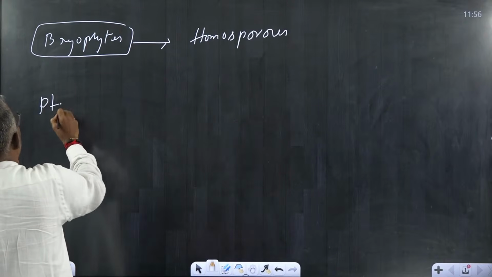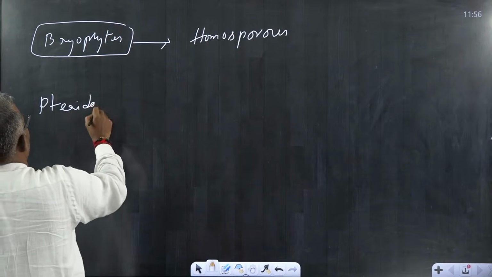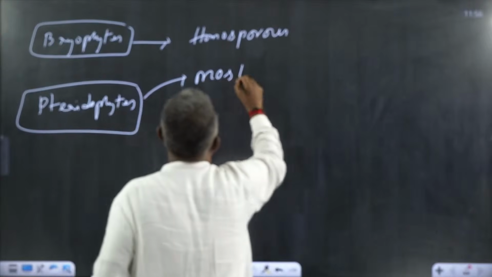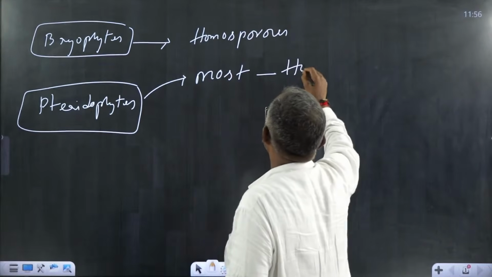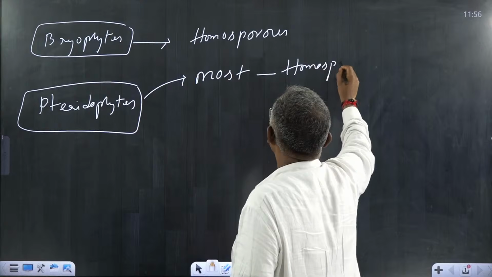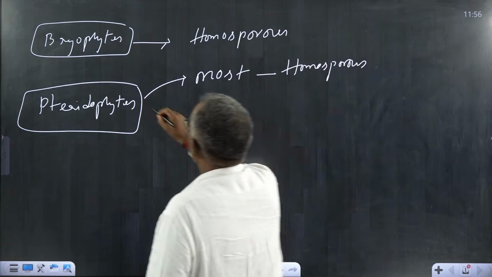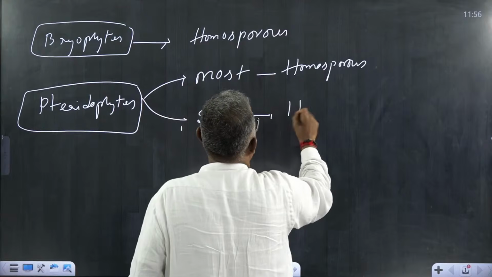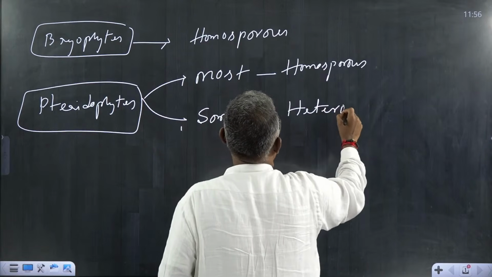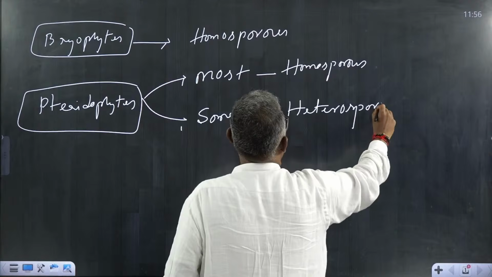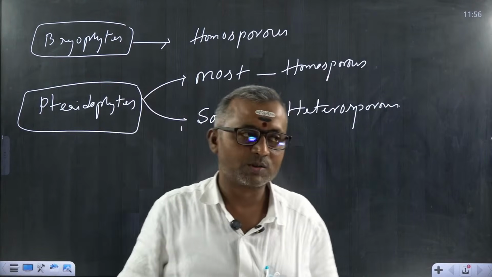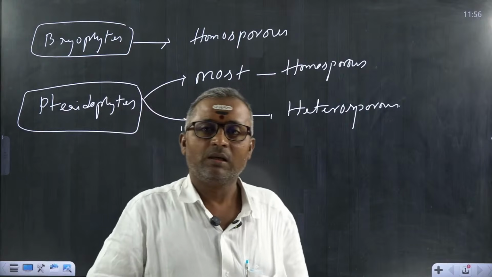Whereas in pteridophytes, most members are homosporous and some are heterosporous. Let me explain what homosporous and heterosporous mean.